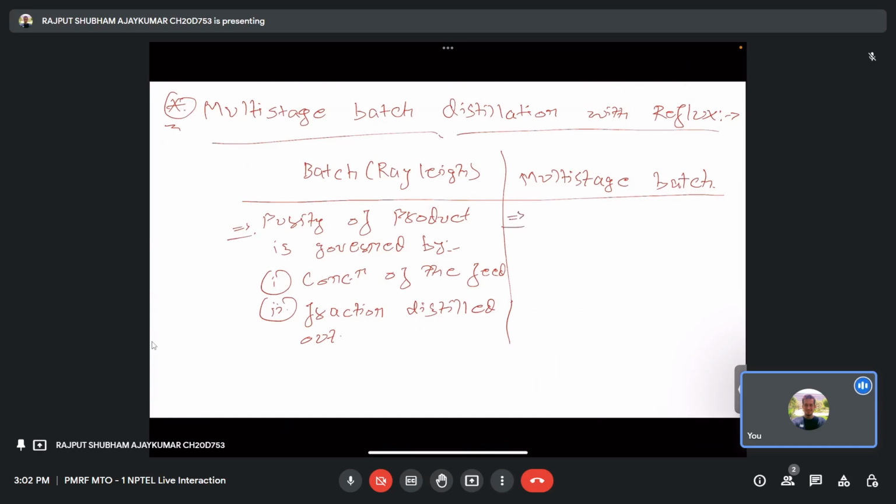Whereas for multi-stage batch distillation, the higher purity product as well as the higher fractional recovery of the product can be achieved, because there are multiple stages. Higher product purity as well as higher fractional recovery of the product can be achieved.